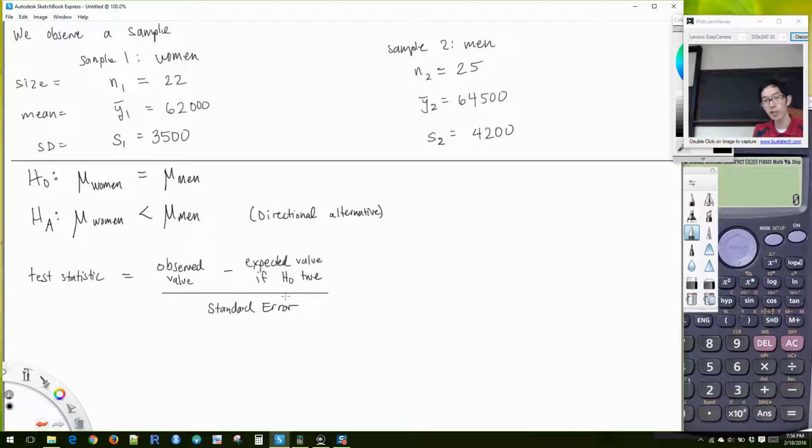This will apply to a bunch of situations. We look at the difference between what we observed and what we would expect, and compare that difference to the standard error. So it's very much like a z-score.